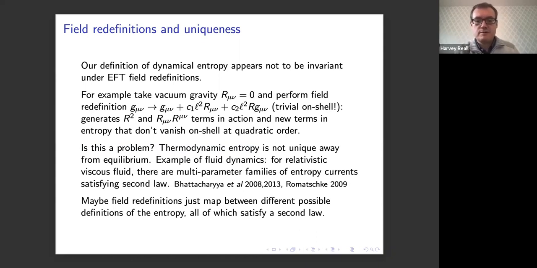So the entropy current is not unique, even in fluid dynamics. And so this is possibly the same phenomenon arising in gravity, that field redefinitions are just mapping between different possible definitions of black hole entropy, all of which satisfy a second law, in which case I don't think this is really an issue.